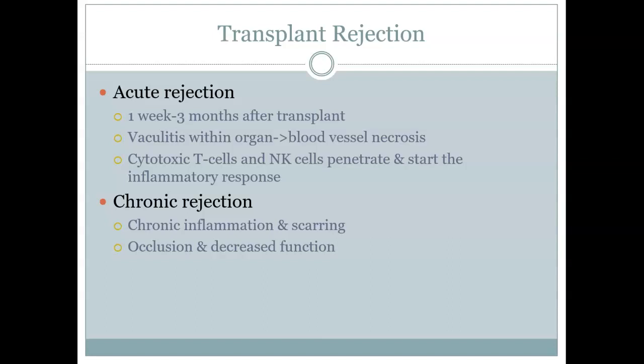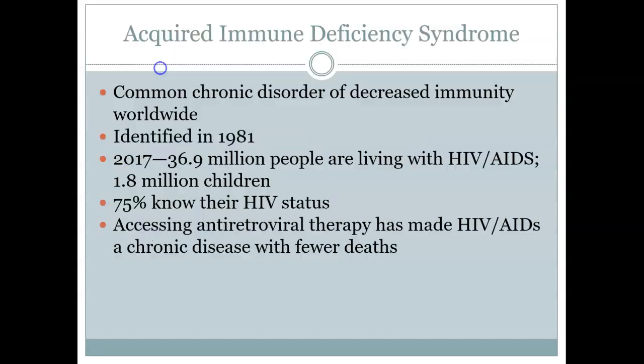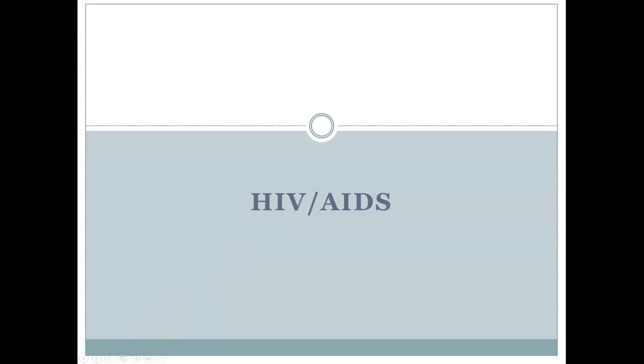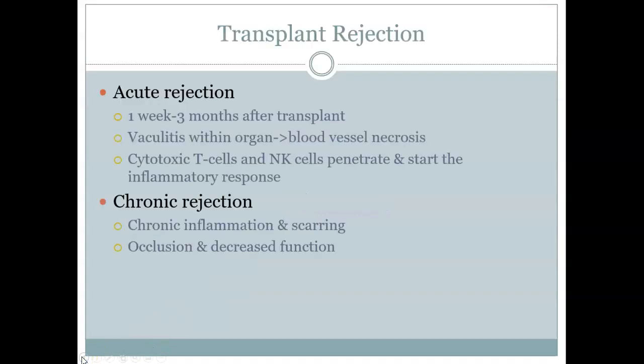And then we also have chronic rejection, and this is when people have chronic inflammation and scarring post-transplant, and this chronic inflammation in time produces scarring. It causes more occlusion of that area, and then eventually decreased function of that organ. Okay, so what has to happen with patients before I get into AIDS?